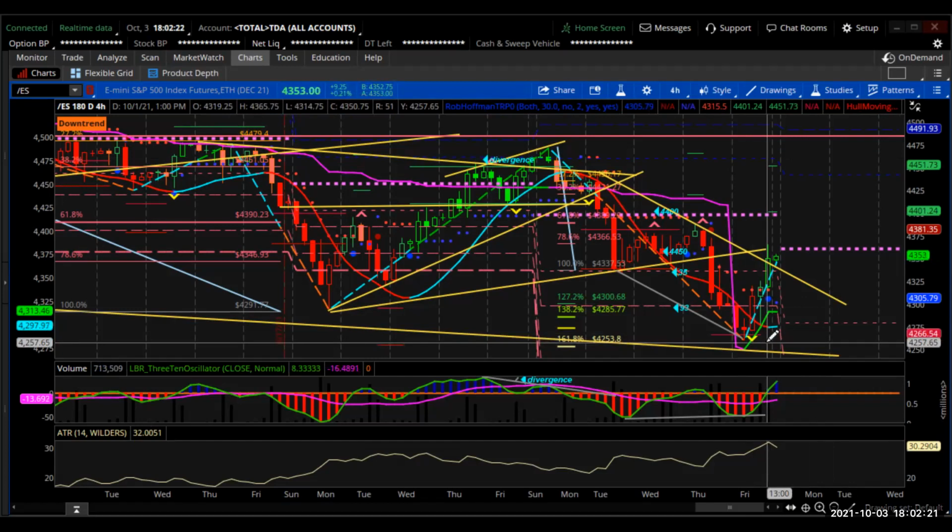The ATR on a weekly in ES is 110, so you want to make sure that you have that wiggle room of 110 to 120 if you're going to do a weekly range condor.